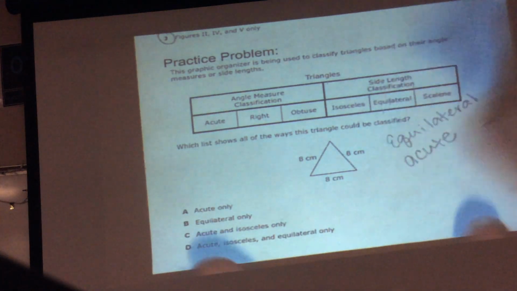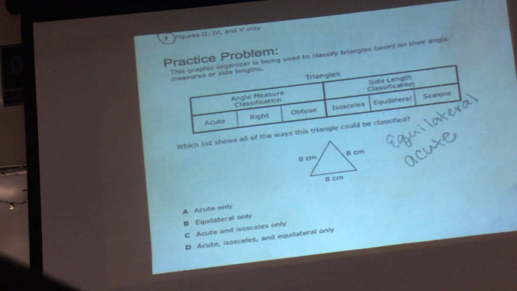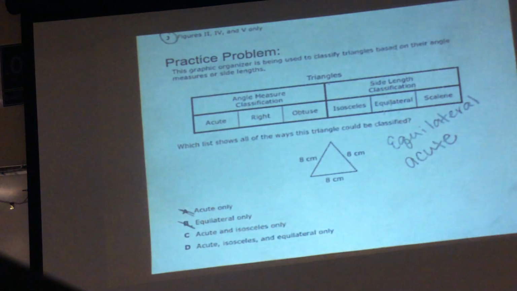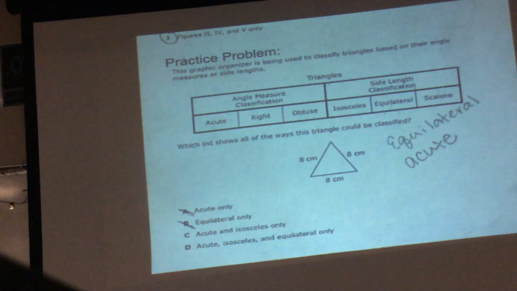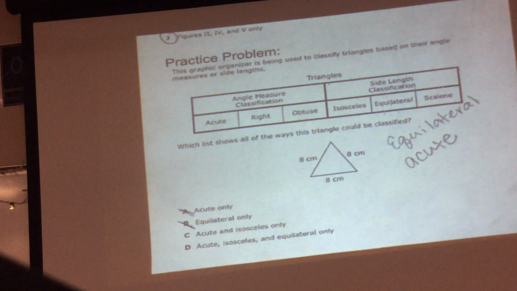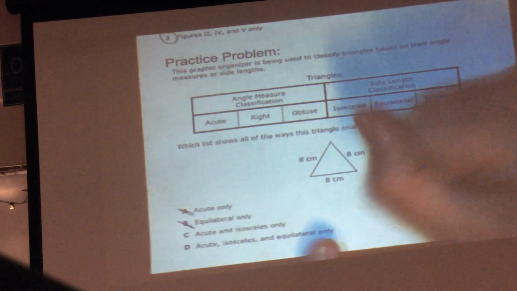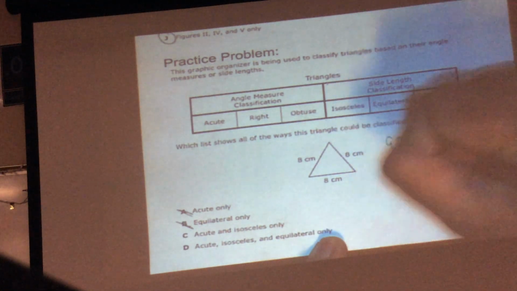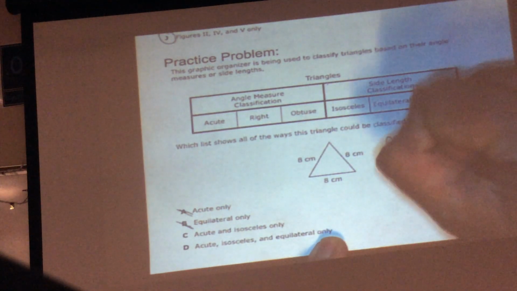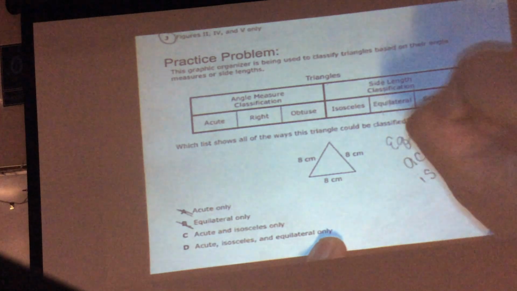So you can go ahead and mark out A and B because it only has one. And it's also isosceles. Why is it also isosceles? Because it has two or more of the same angle. Very good. Isosceles is at least 2. So it's D. D has all 3 of those, and C only has isosceles.